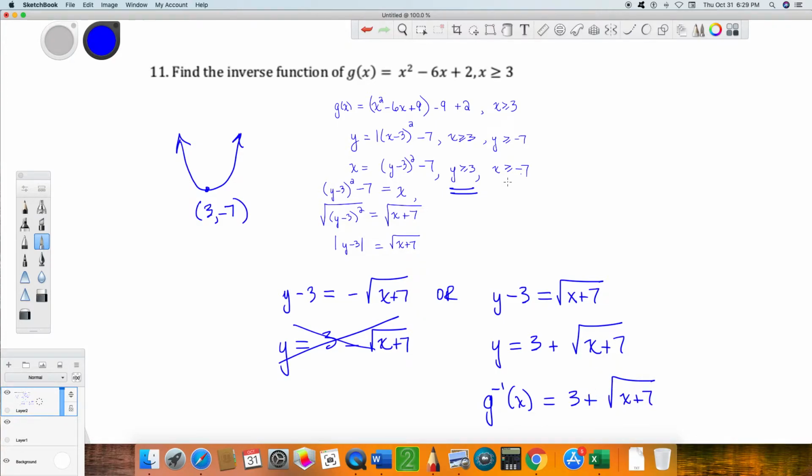And I really don't necessarily have to write the domain and the range here because it's the natural domain. x has to be greater than or equal to negative 7, and nothing is unnaturally restricted.